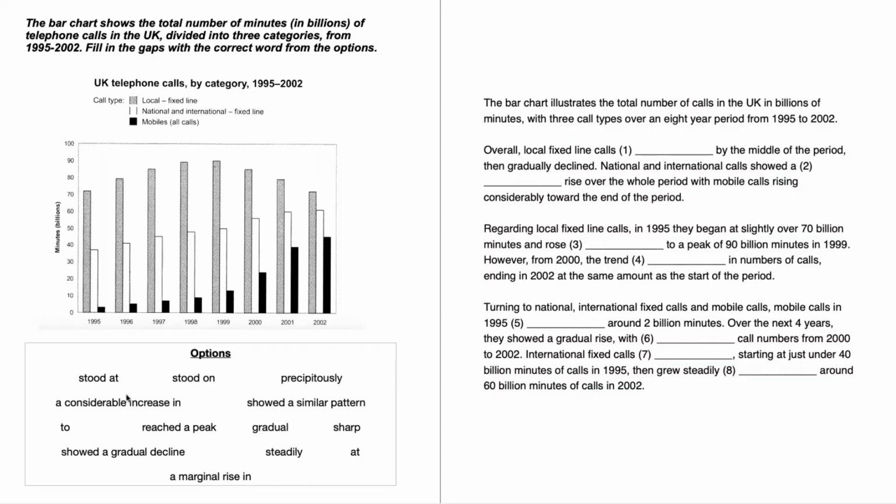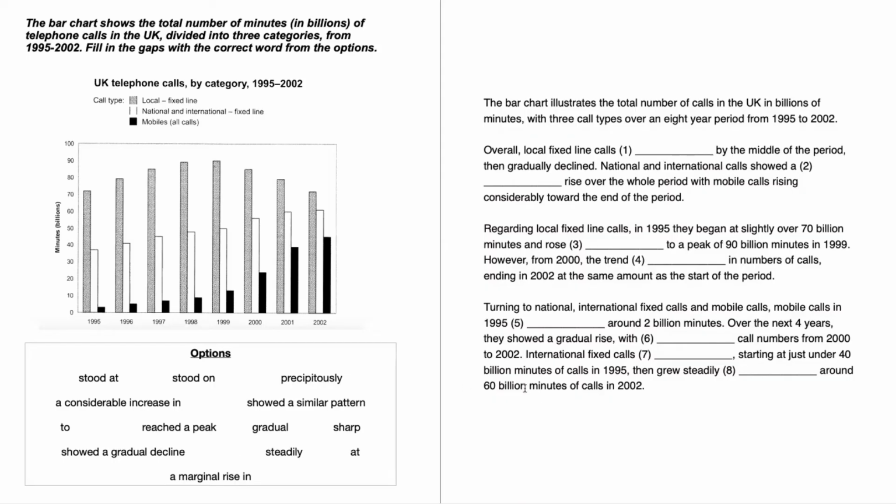We see stood at, stood on, precipitously, a considerable increase in, showed a similar pattern. Then in our third line, we have to, reached a peak, gradual, sharp, showed a gradual decline, steadily, at, and a marginal rise in. You really want to use all your knowledge with adverbs and adjectives and the vocabulary we looked at today.